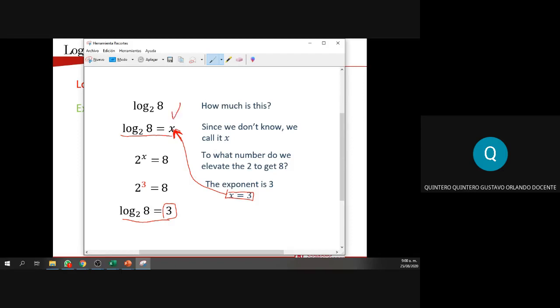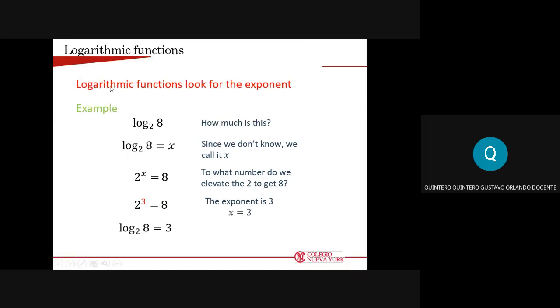Before, we didn't know how much this logarithm was. But now, by making this change and analyzing what the exponent is, now we know the answer. So that is exactly why I say that logarithmic functions look for the exponent.